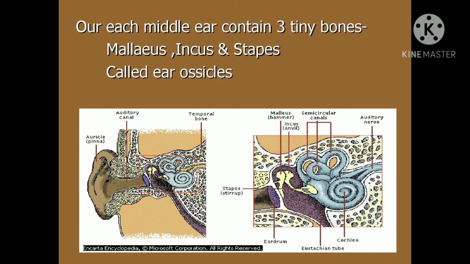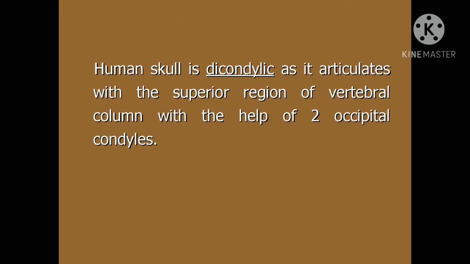These are called the ear ossicles. Okay, you can see the figure. The human skull is dicondylic as it articulates with the superior region of the vertebral column with the help of two occipital condyles. Don't get confused with the words.